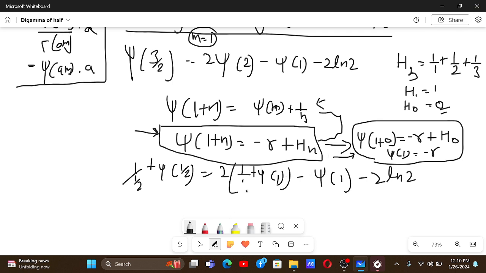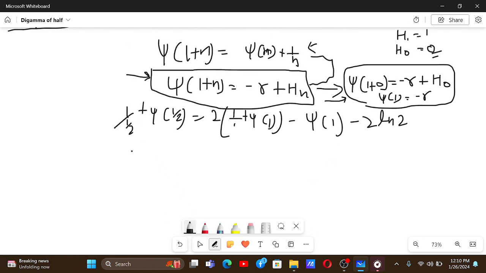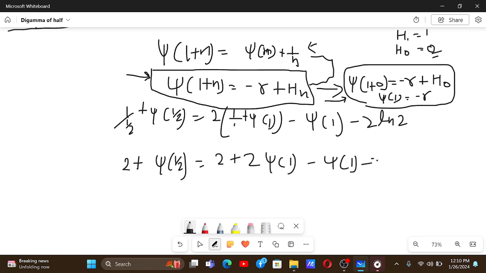And now after this, let's try to find the value of digamma of 1 by 2. So this will just be 2 times digamma of 1 by 2 is equal to 2 plus 2 times digamma of 1 minus digamma of 1 minus 2 ln 2. The 2 cancels out, so we have digamma of 1 by 2 is equal to just digamma of 1, which is the negative of the Euler-Mascheroni constant, minus 2 ln 2.